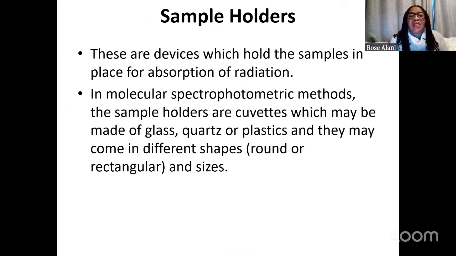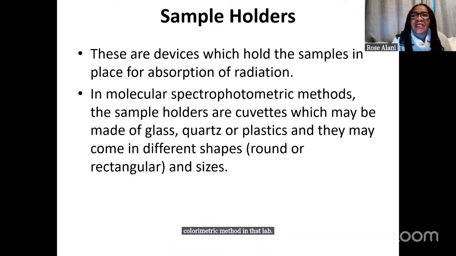Then we have sample holders. These devices are used to hold the samples in place for absorption of radiation. In molecular spectrophotometric methods, sample holders are cuvettes. That's the one we use in the colorimetric method in the lab, which we put into the colorimeter with the sample inside.